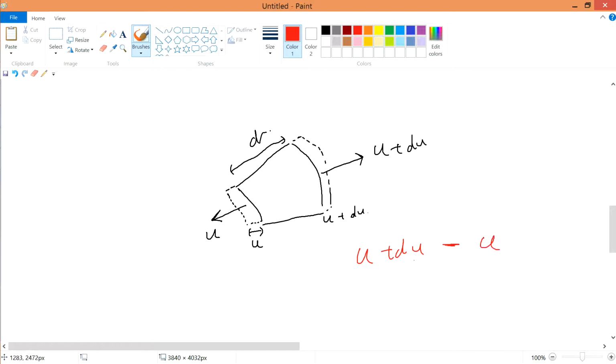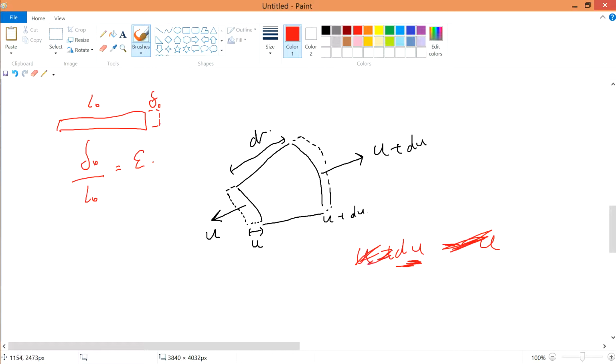And we know what strain is. Let's say we have an original length over here, and you pull it by a little certain extension, delta. So delta over L naught is equal to your strain. The little change in our case is du, because u and minus u cancel each other.